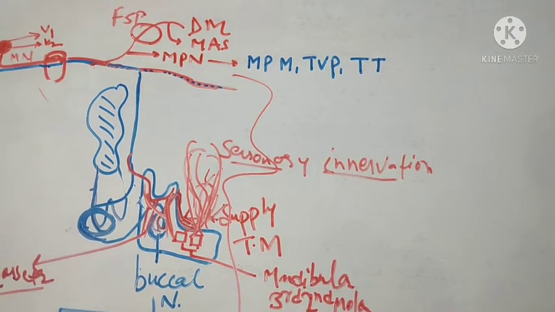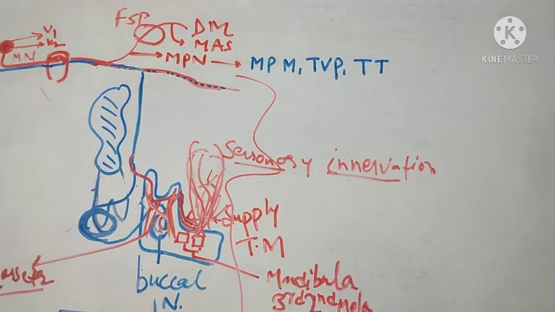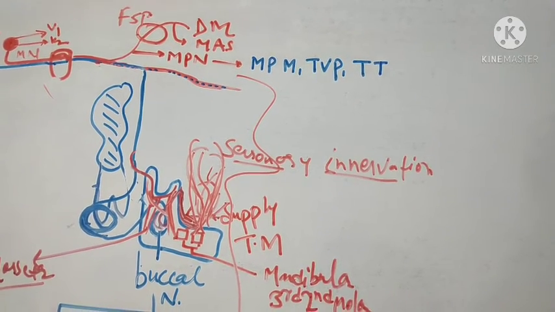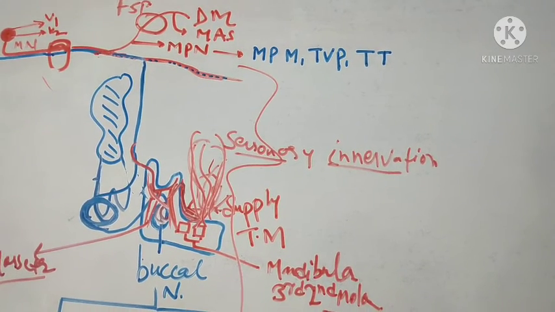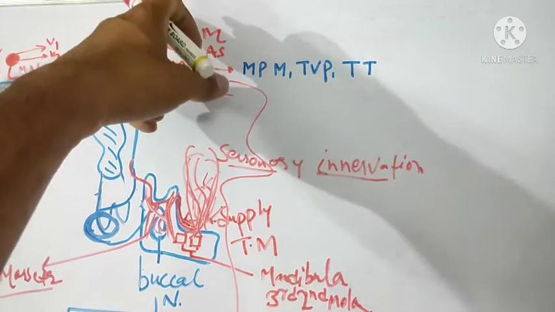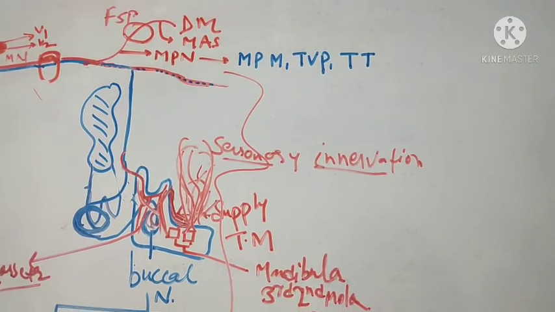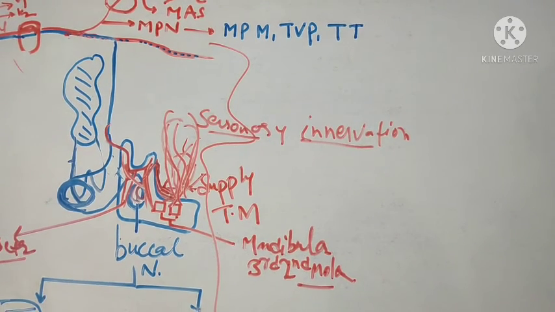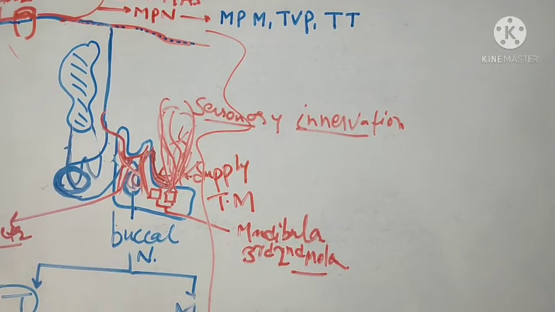At the same time, a branch arising from the main trunk is called the medial pterygoid nerve, which is motor in nature. This is the sensory component, and from the motor component the medial pterygoid nerve will arise and supply the medial pterygoid muscle, tensor veli palatini and tensor tympani.